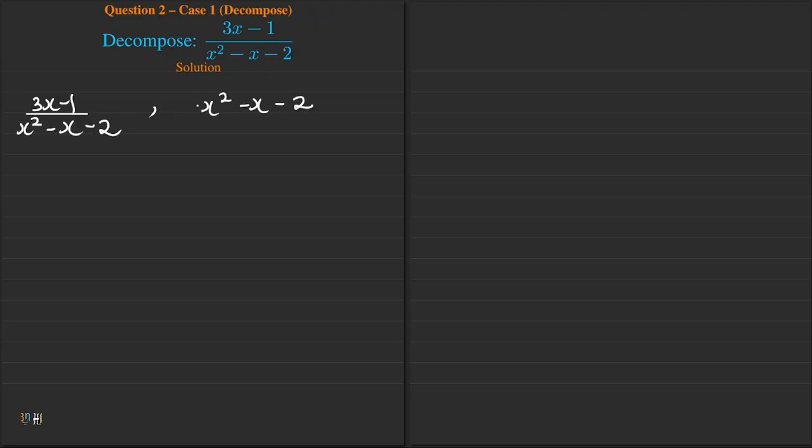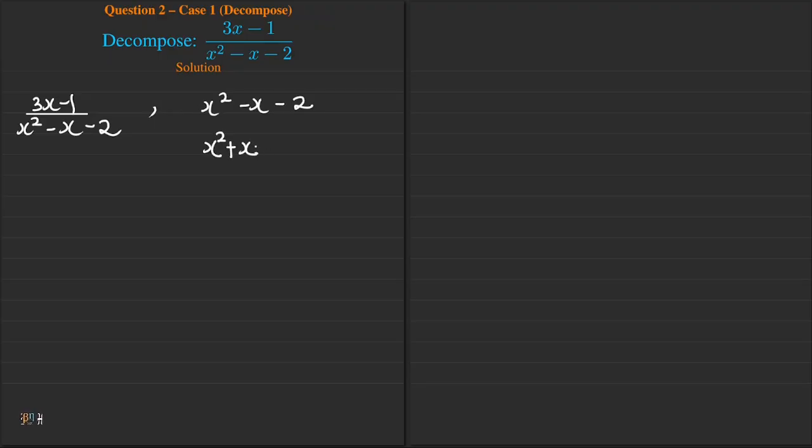Since the coefficient of x squared is 1, we look for the factor pairs of 2 which, when we add, will give us what? A negative 1. That is definitely a negative 2 and 1. If we add these two, we get a negative 1, and if we multiply, we get a negative 2. Hence, if we are to factorize, we have x and x, that is x squared.